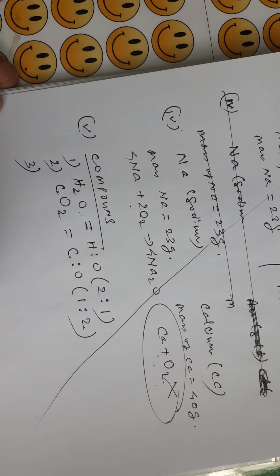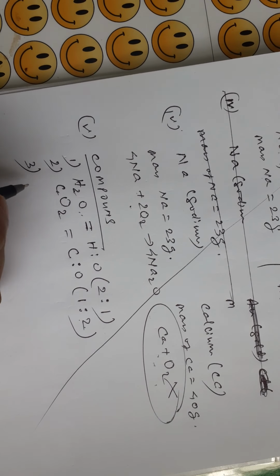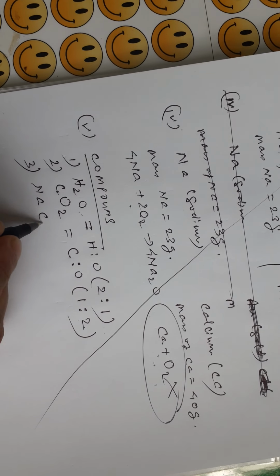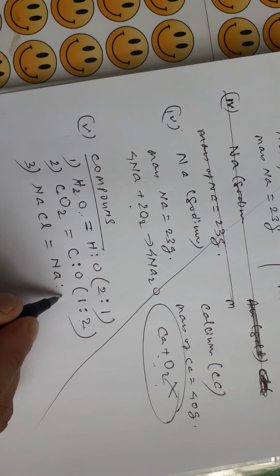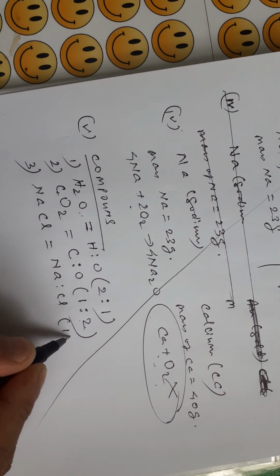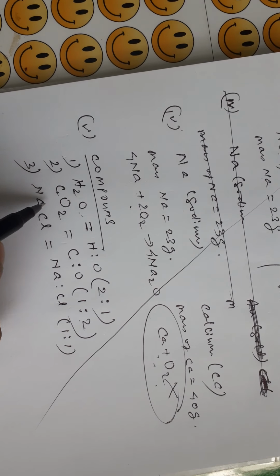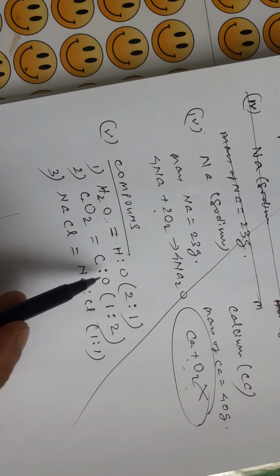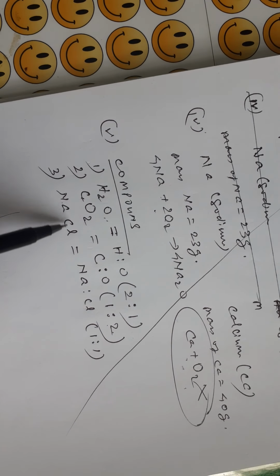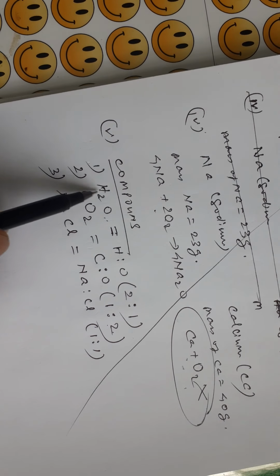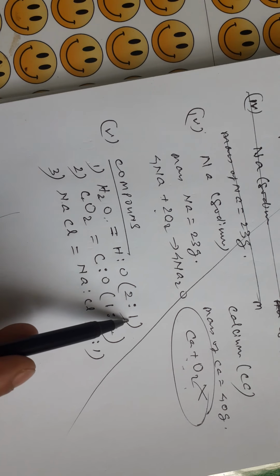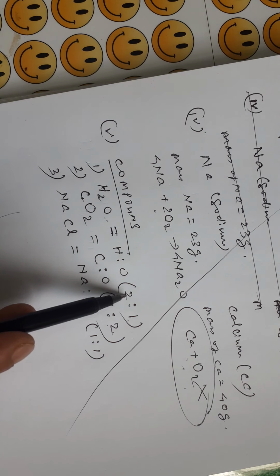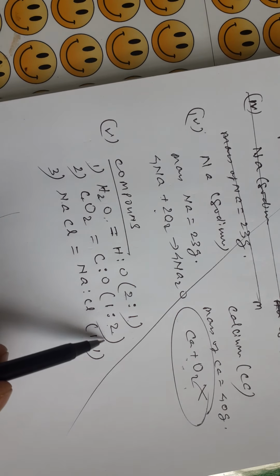The third one, let us say sodium chloride, which we eat. I'm just taking simple ones. What is the combination of sodium atom to chlorine atom? It is 1 to 1. So if you take hundreds of compounds like that, you'll always find that the different atoms that combine to form a compound are always in small whole number ratios, like 2 to 3, 3 to 4, 5 to 6.